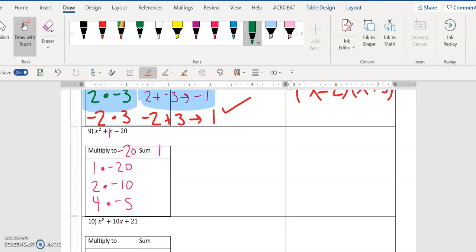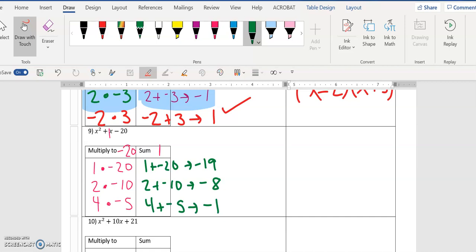Can't think of any other numbers that multiply to 20, so I'm going to find the sum of these factors. First, I get a -19, -8, -1.